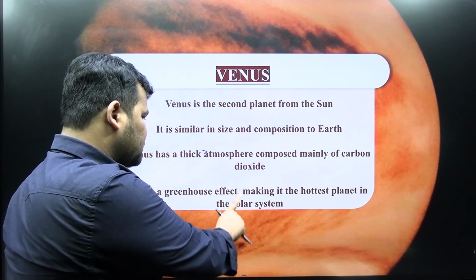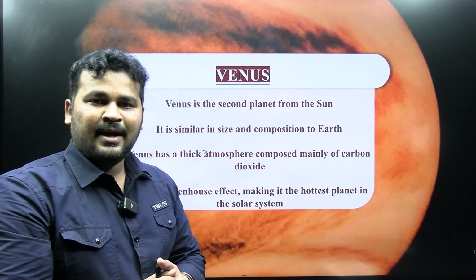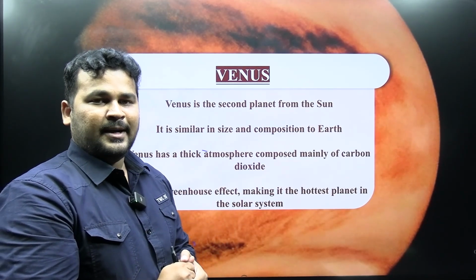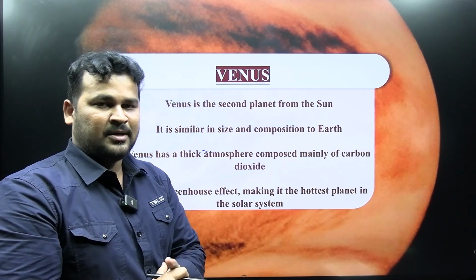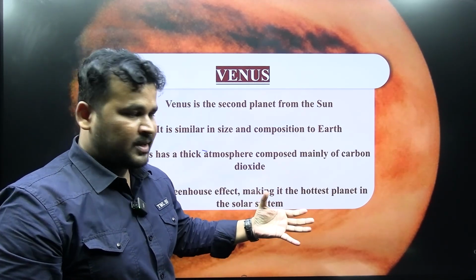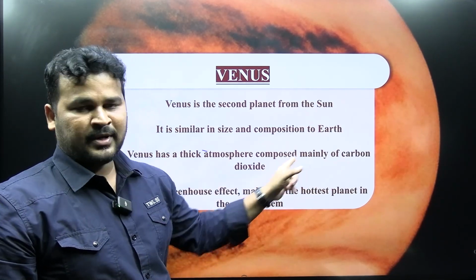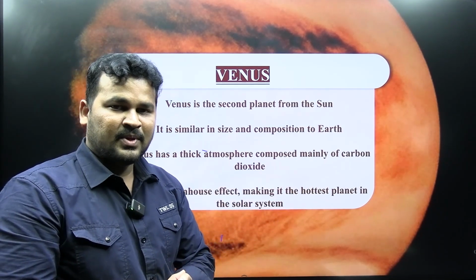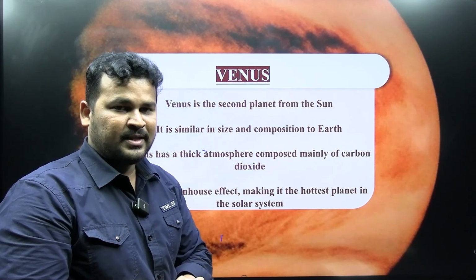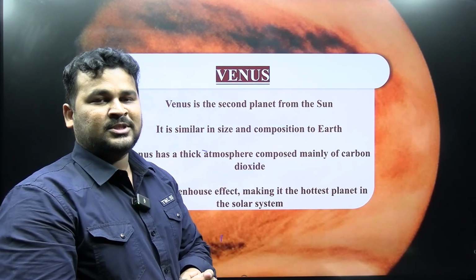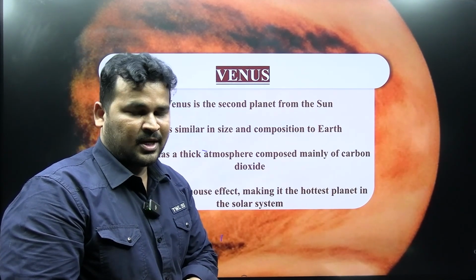So what is the greenhouse effect? Nothing but the increase of temperature due to the presence of greenhouse gases. Examples of greenhouse gases: carbon dioxide, carbon monoxide, methane (CH4), sulfur compounds, nitrogen compounds, and chlorofluorocarbons as well.